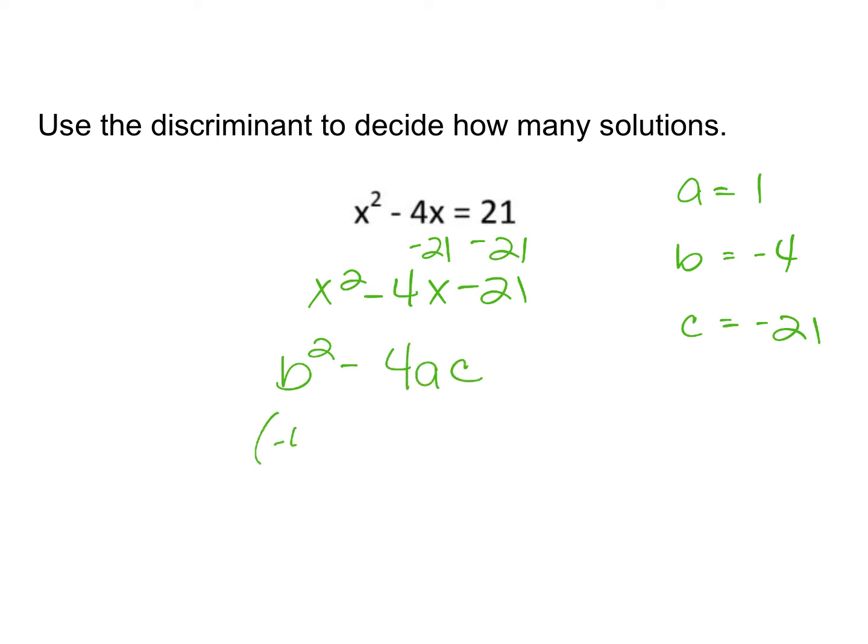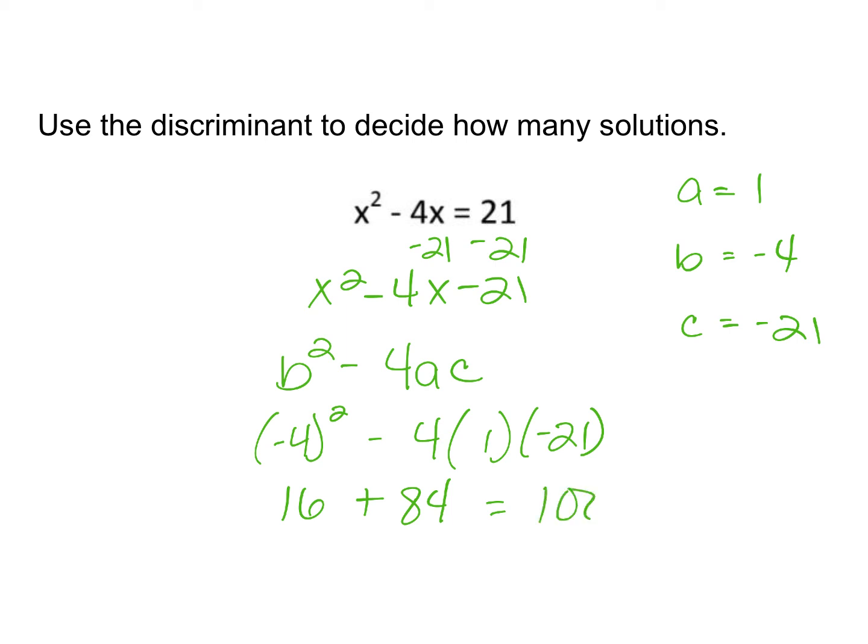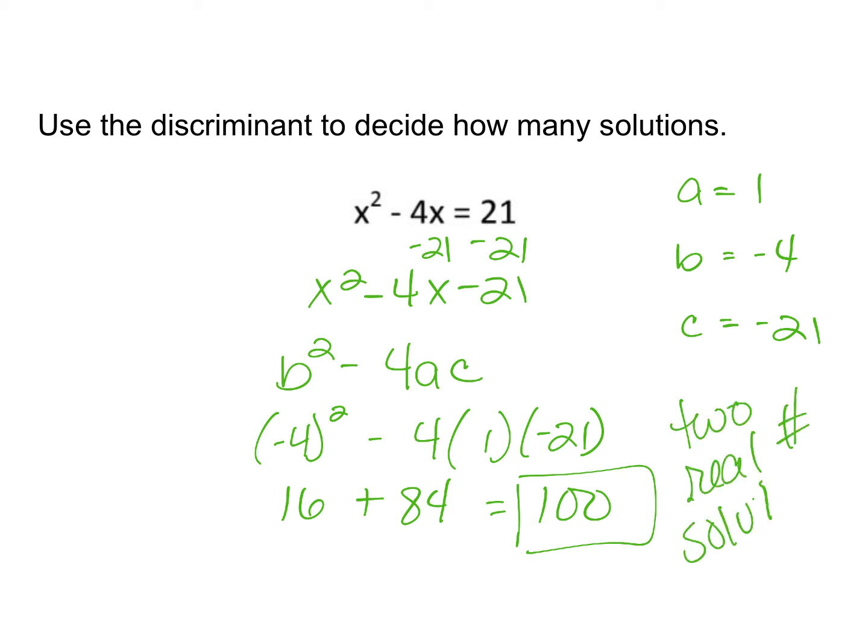So b squared would be negative 4 squared, minus 4 times 1 times negative 21. So 16 plus 84 equals 100. So in this case, because it's 100, we would have two real number solutions.